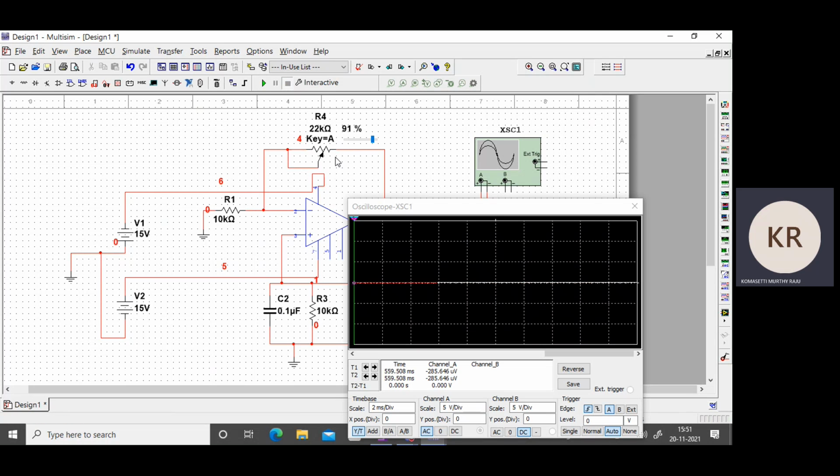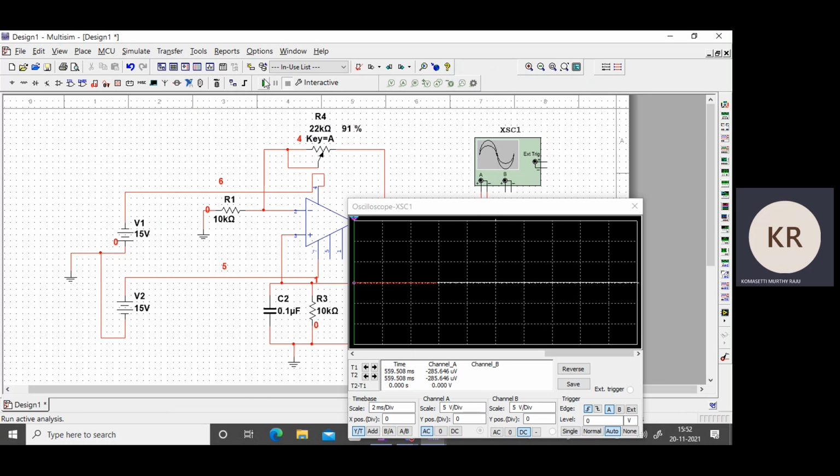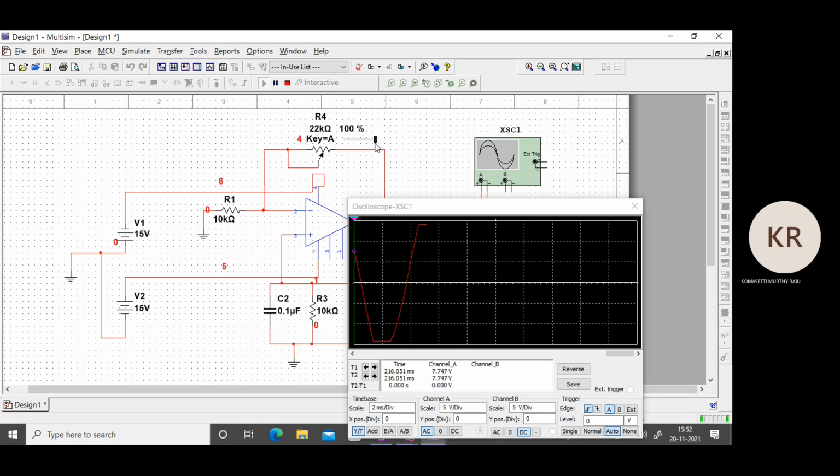Suppose variation steps are changed to instead of 1%, 0.2%. Variation steps. This is 100%. 92.8. 91.